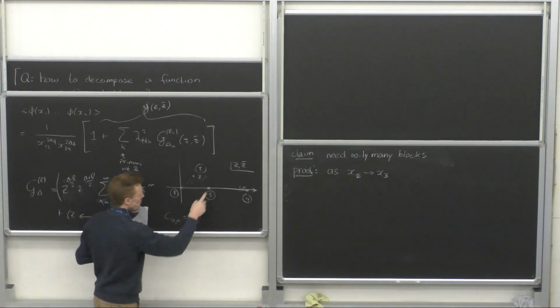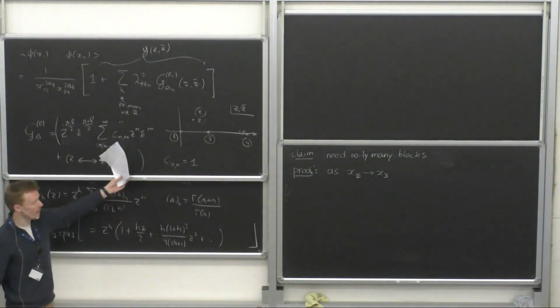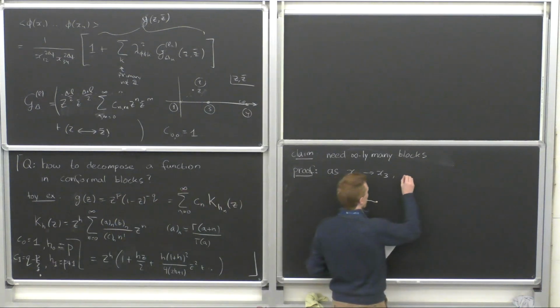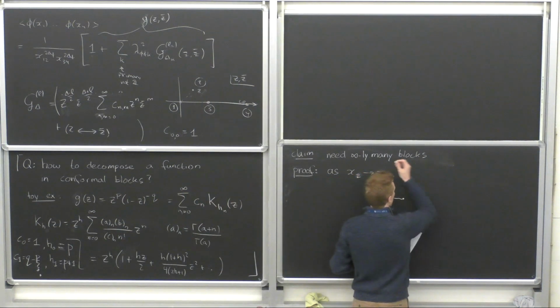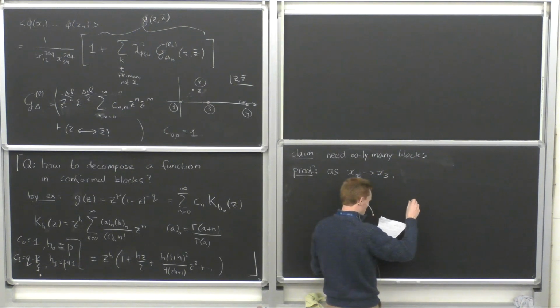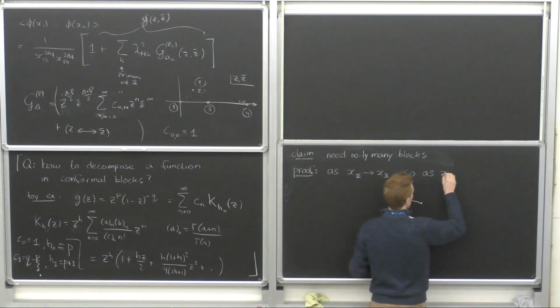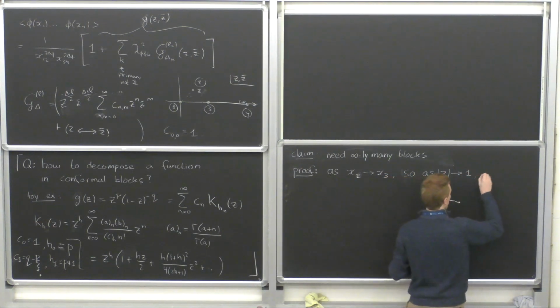As x2 goes to x3, it's the same thing: the identity in the 2-3 OPE dominates. Let me just write it for the full correlator.